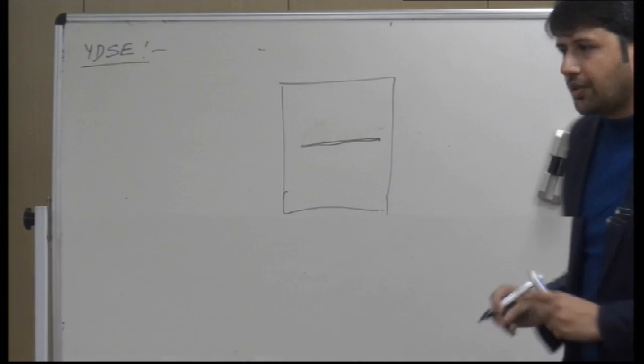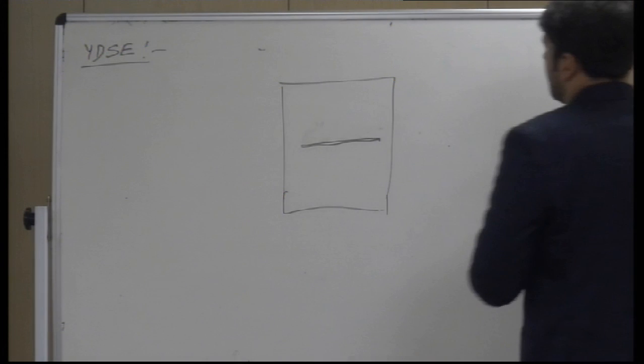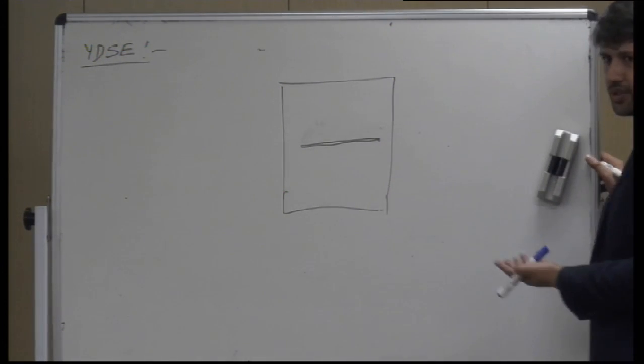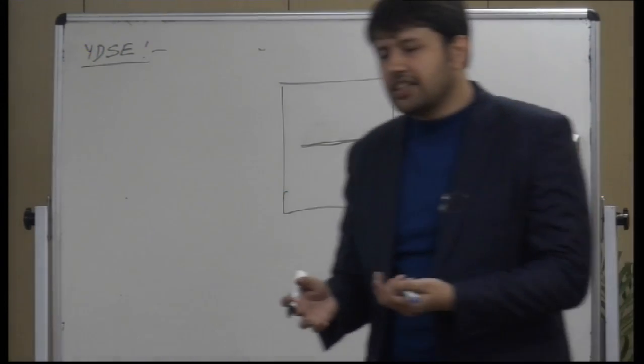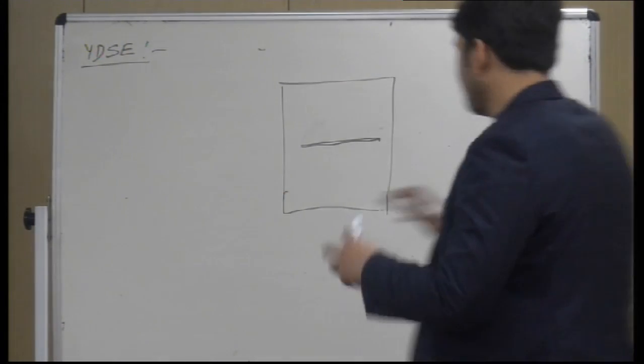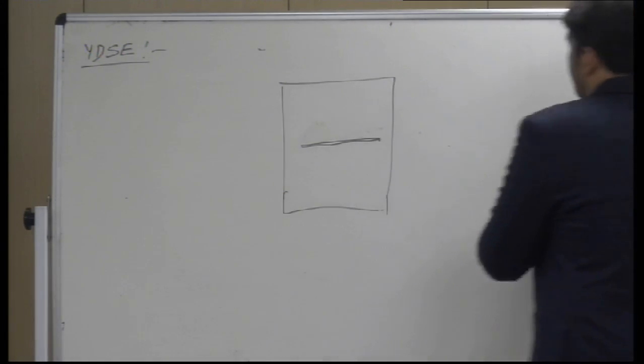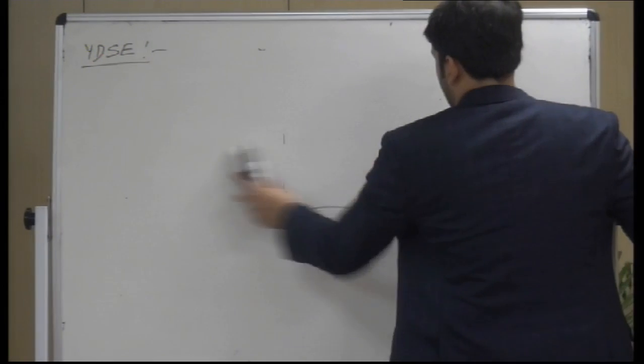So it behaves as a line source. The wavefronts out of it would be cylindrical in nature, not spherical. Still, they would do the same kind of thing. So we would discuss that. Just wait.